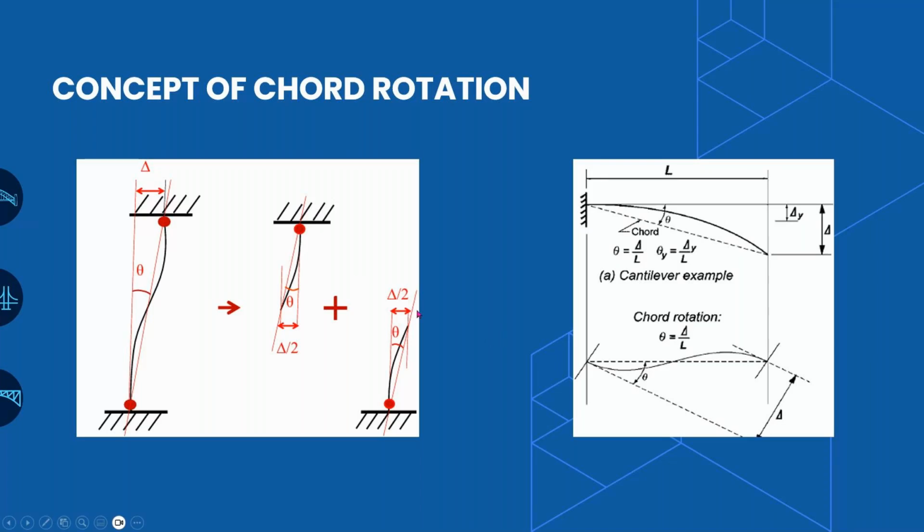So that is nothing but the chord rotation, or in other words, we also call it drift. This drift is basically used to compute the demand and the capacity, as we saw in the previous seminar as well, wherein the drift of the bridge was computed under the response spectrum analysis.